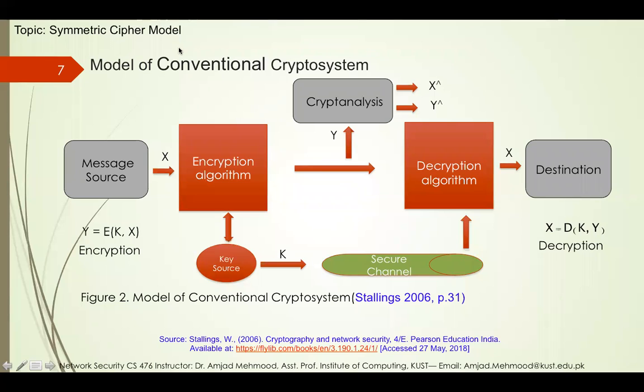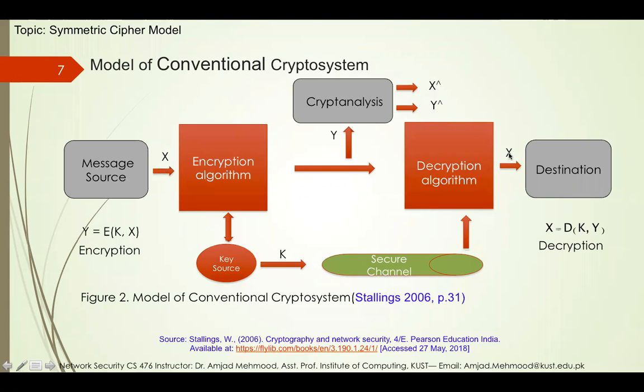Now, the model of a conventional crypto system. For example, you have a message X, and you feed this message to the encryption algorithm, and then the key will be applied on it, and then it travels over the communication medium to the decryption algorithm.